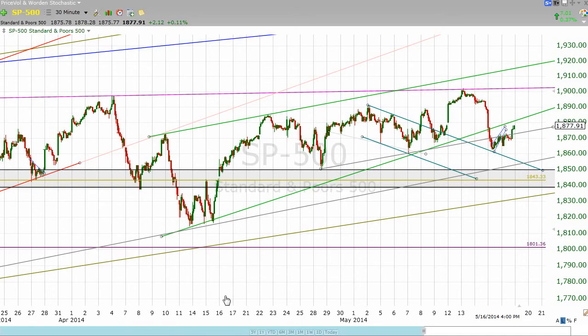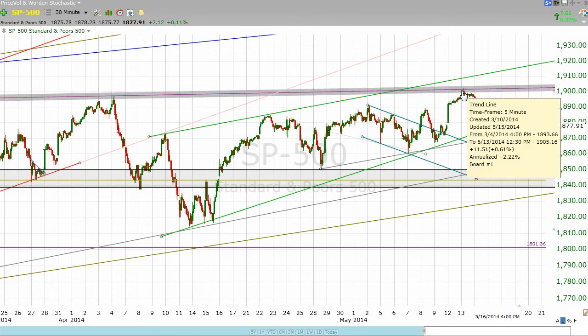Starting out on a 30-minute chart, at one point during the week, this line was a little different. We had this still down at 1884 or around 1890 or so, and it looked on that nice gap up that we had on Monday, follow through on Tuesday, closing at an all-time high on Monday.